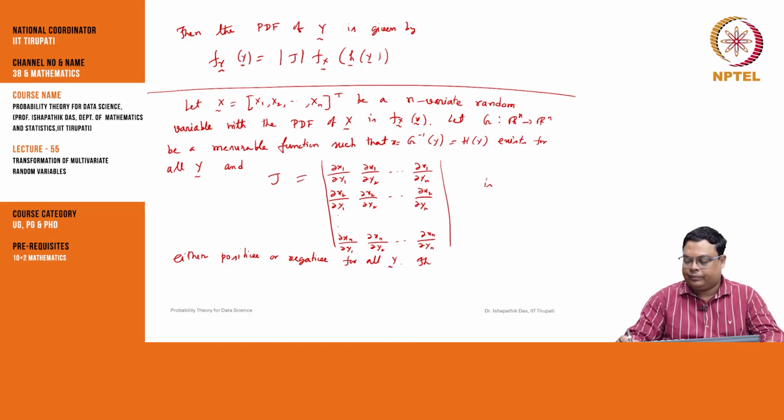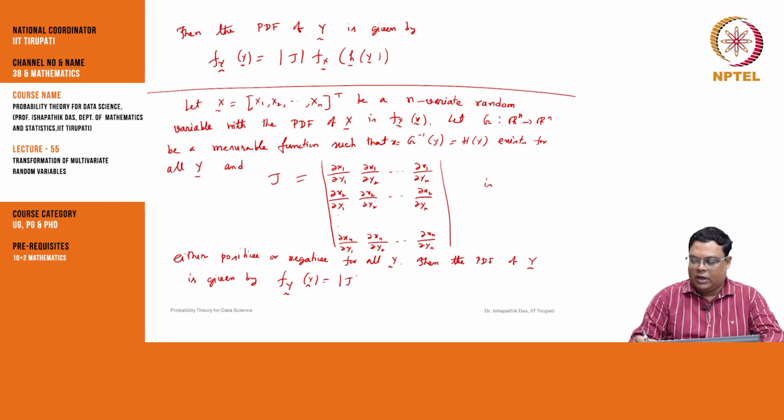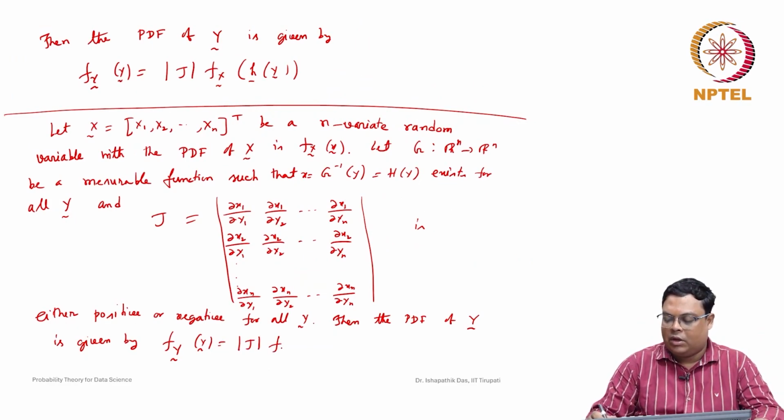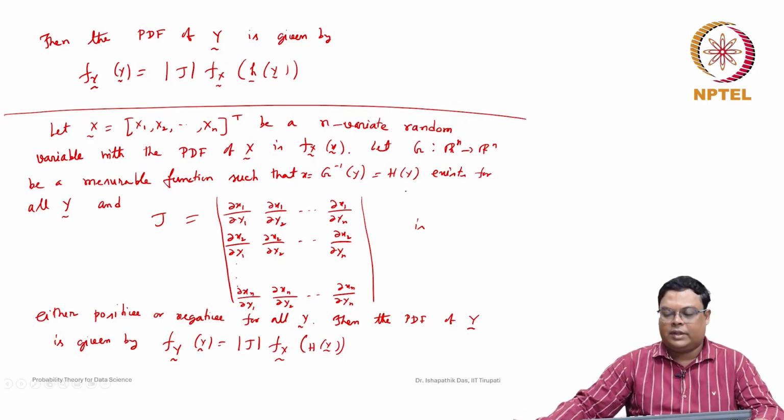Then the probability density function of Y is given by f_Y(y) equal to the absolute value of the determinant, because it is either positive or negative we take the positive value, times the density function evaluated at h(y). Here h is the vector function. So this is the theorem.